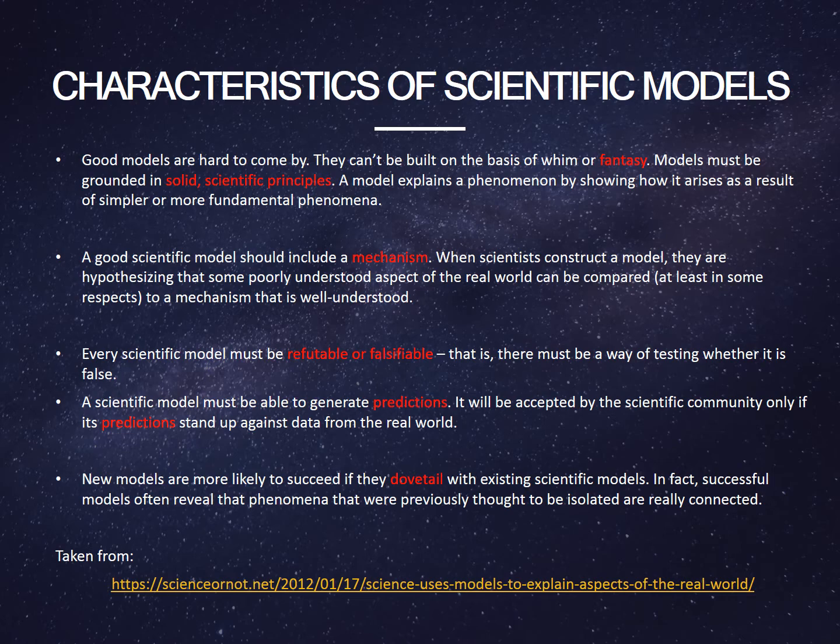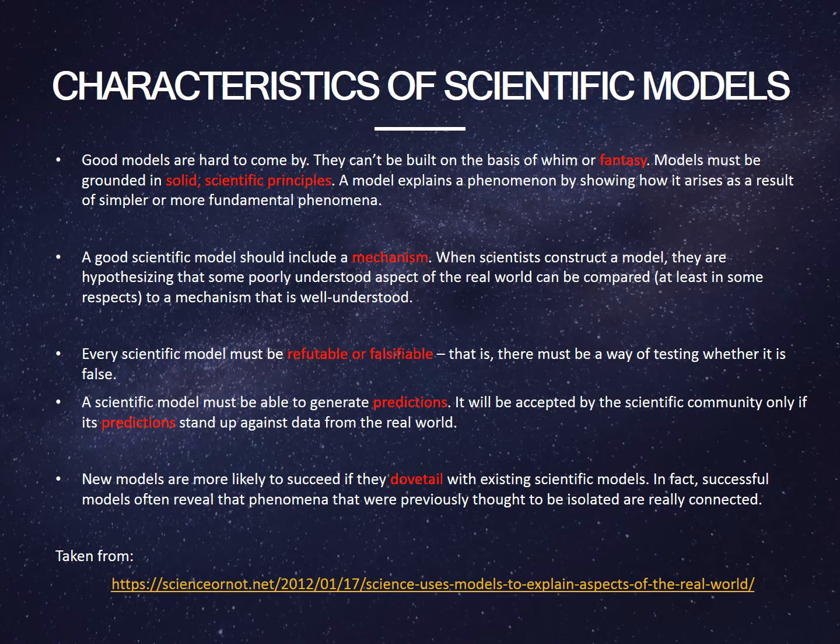So, what are the characteristics of a scientific model? Good models are hard to come by. They can't be built on the basis of whim or fantasy. Models must be grounded in solid scientific principles. A model explains a phenomenon by showing how it arises as a result of simpler or more fundamental phenomena.